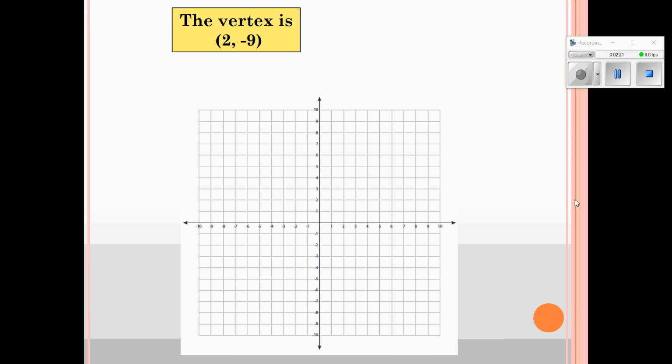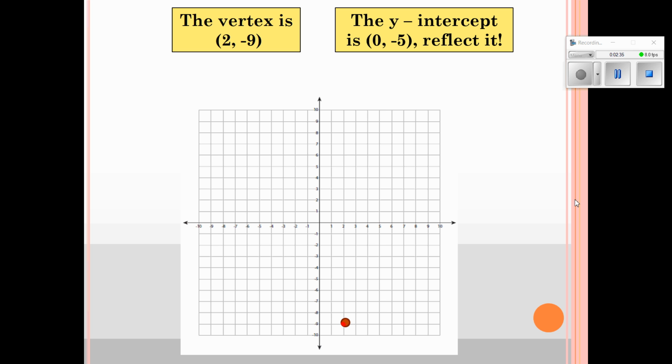So let's see what we're going to do. When graphing it, we start with the vertex. We found that it was (2, negative 9). So we're going to put our vertex down here at (2, negative 9). We looked for the y-intercept and found that it crossed the y-axis at negative 5. So we go to the y-axis and put a point at negative 5. Now we're going to reflect it.